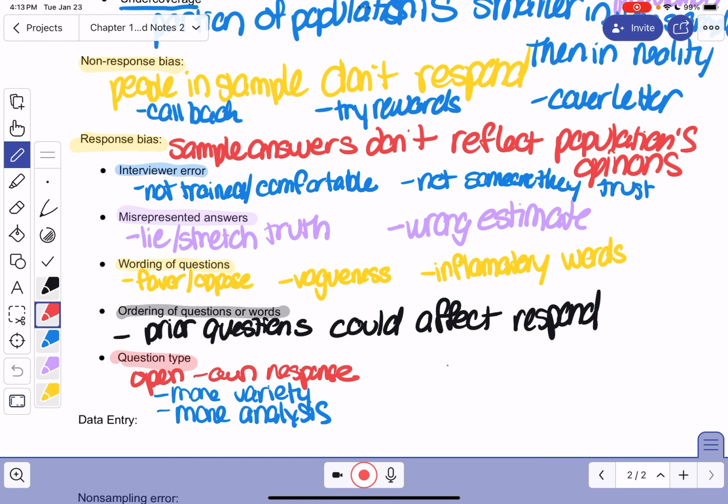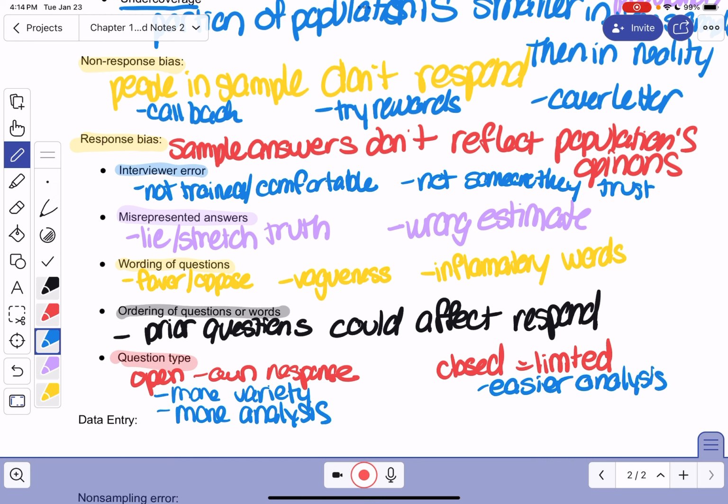So the other option is your closed or limited responses. Do you favor or oppose? How many? You can only give certain numbers. This is easier to analyze, because you already have all of the options.